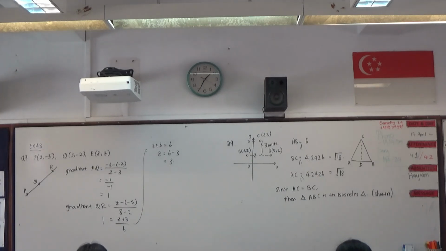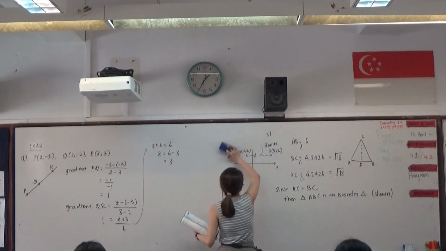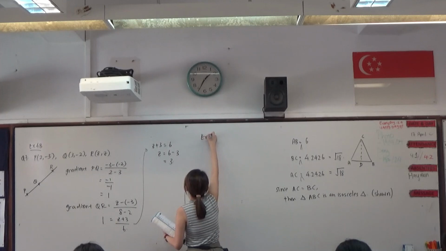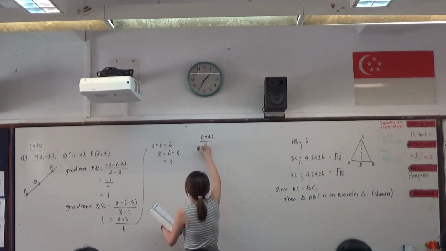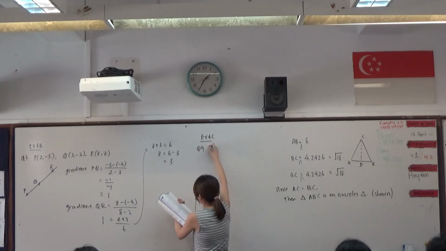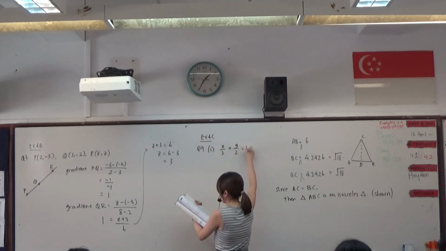Right, then exercise 4C, question 9 and question 12. Here we have part I, x over 3 plus y over 2 equals to 1.